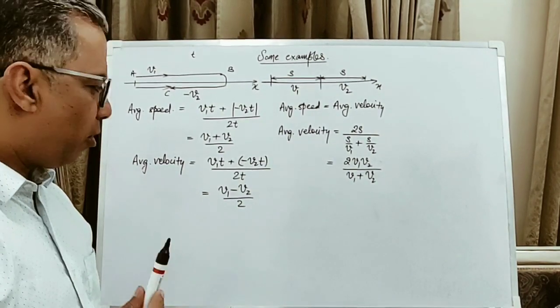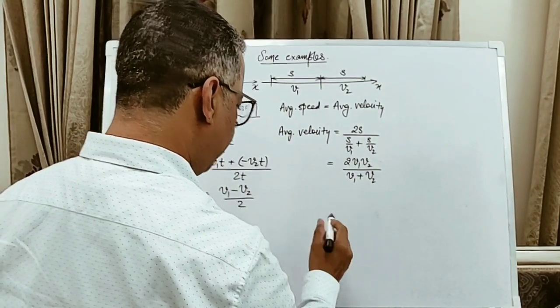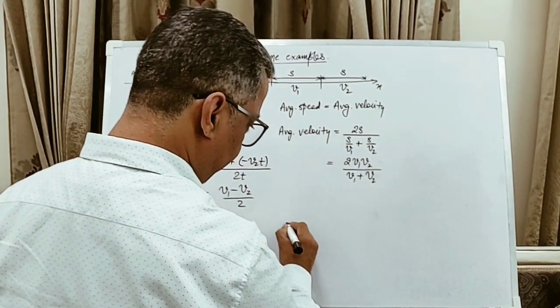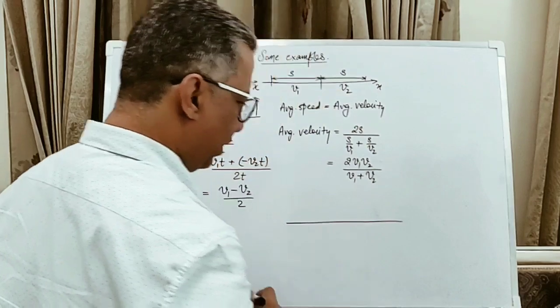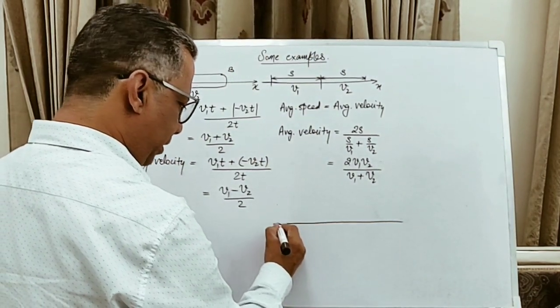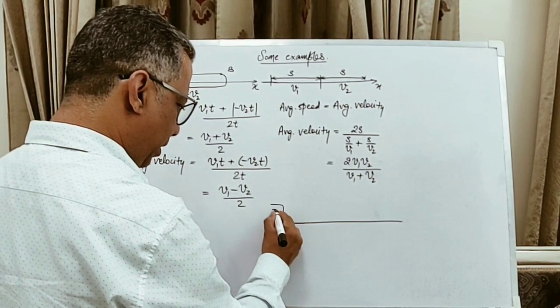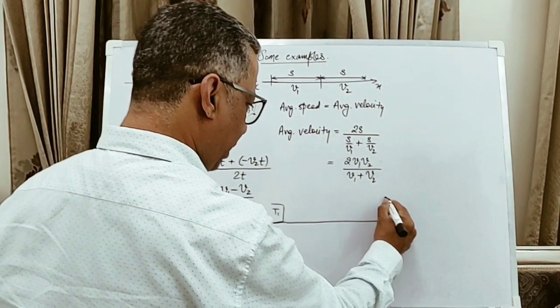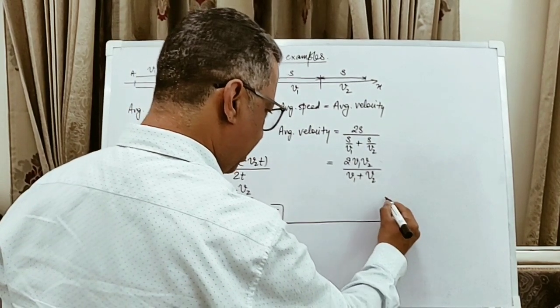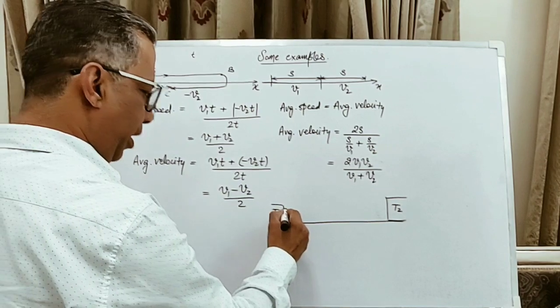Another interesting problem that I would like to discuss on these ideas is, let's consider that this is a railway track, and on this railway track there are two trains, T1 and T2, which are approaching each other.